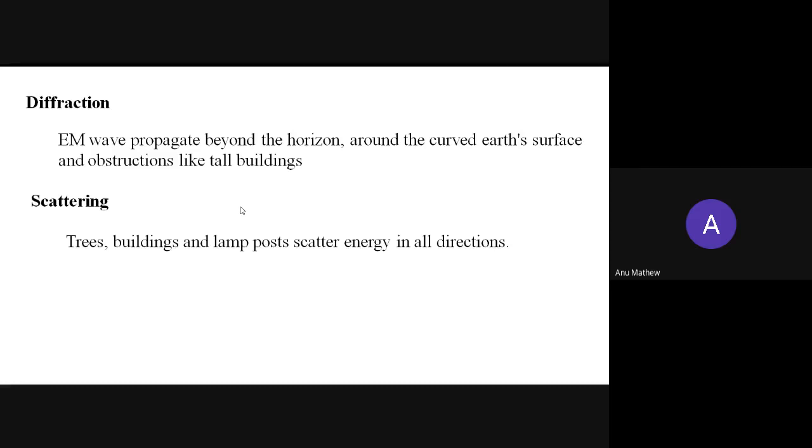The actual energy of the received signal will be higher than what we expect from the diffracted waves and the reflected waves. So these three are the propagation mechanisms.